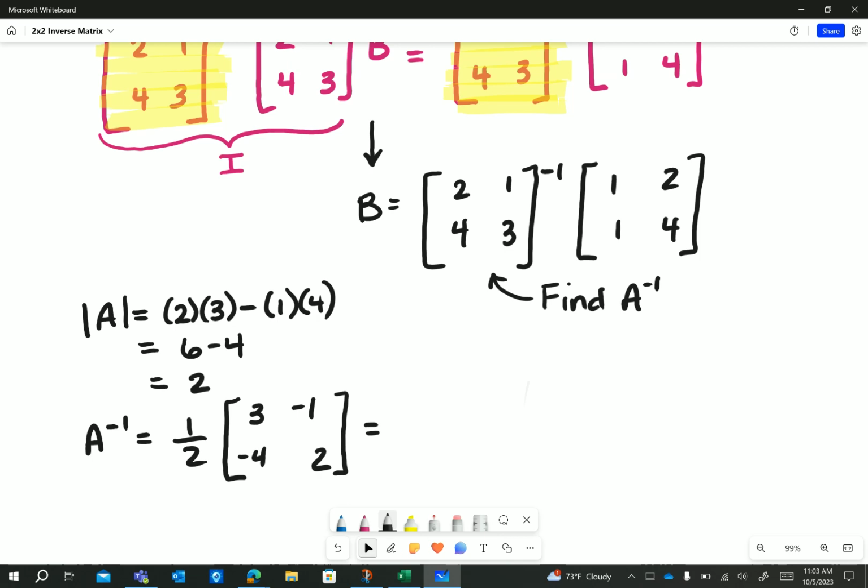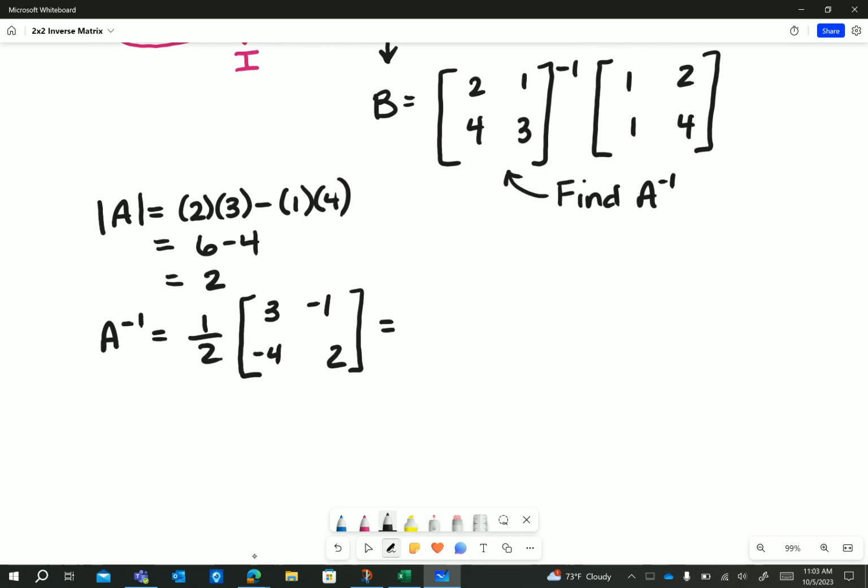So when I distribute the half to everything, I'm going to get 3 halves, negative 1 half, negative 4 halves, which is negative 2, and 2 over 2, which is 1. So that's my A inverse. That is what I was looking for there. A inverse is this matrix.